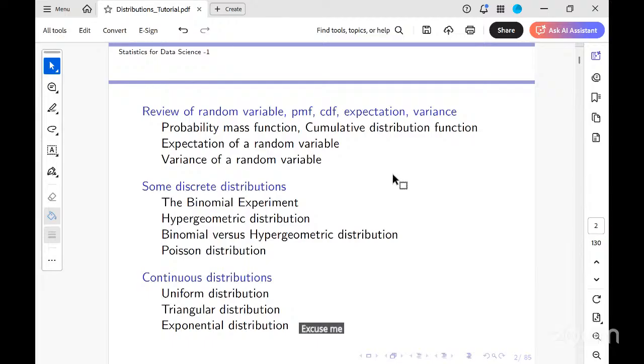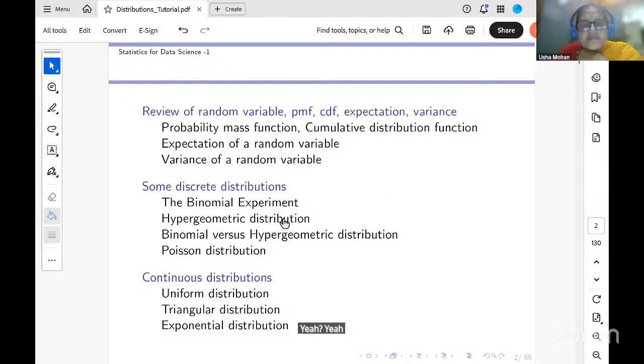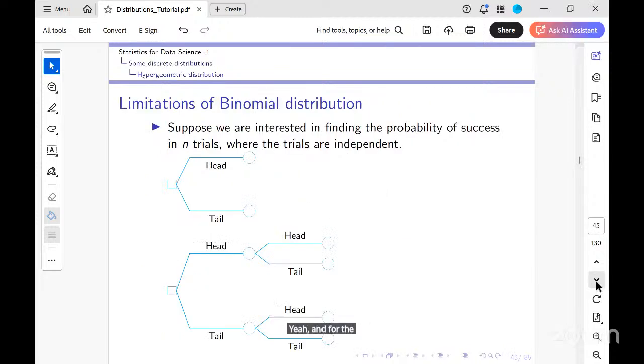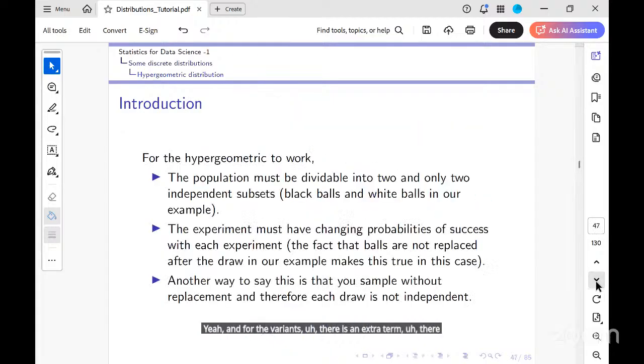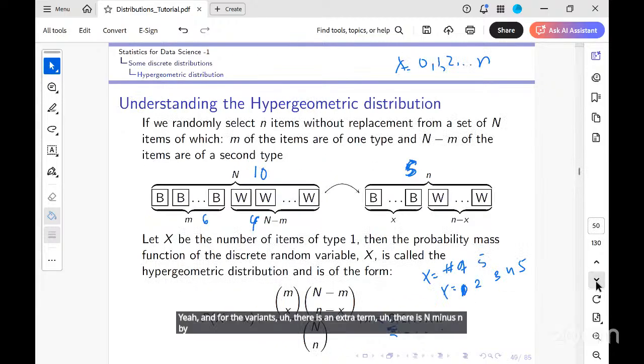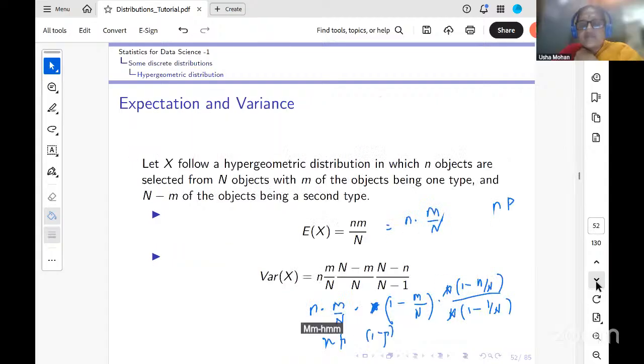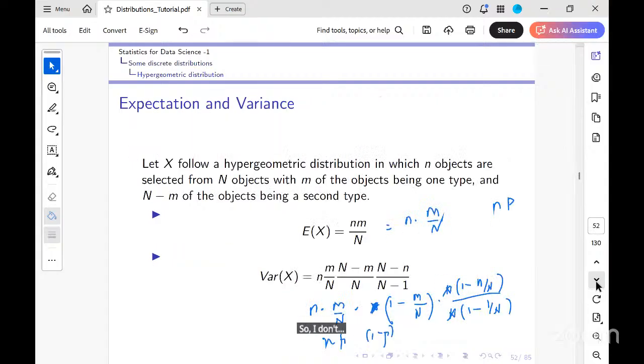Excuse me, ma'am, I have a doubt in hypergeometric distribution. For the variance, there is an extra term, N minus n by N minus 1, right? I did not understand what was the significance of that.